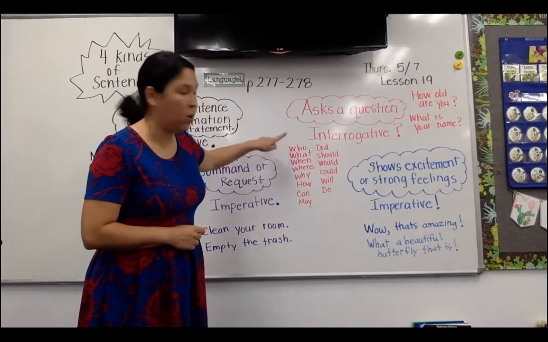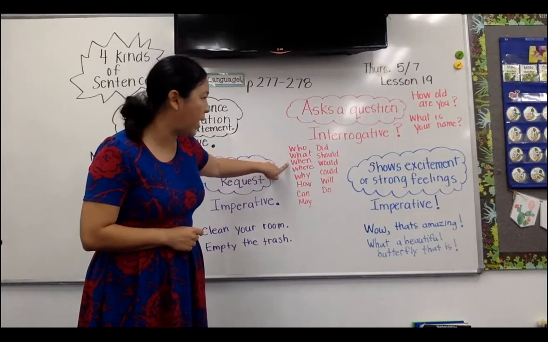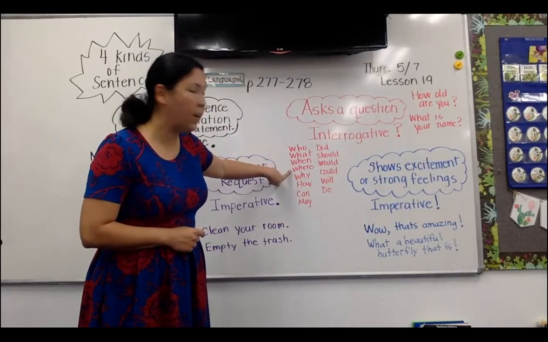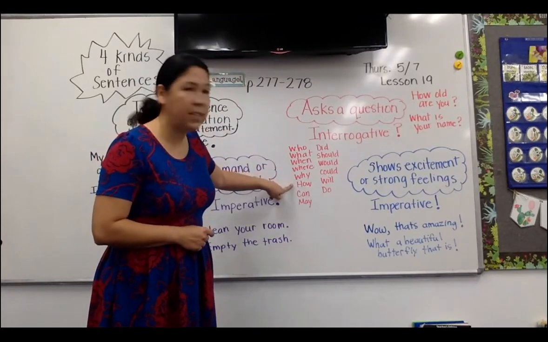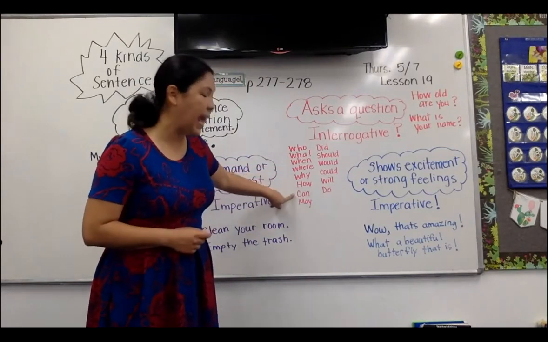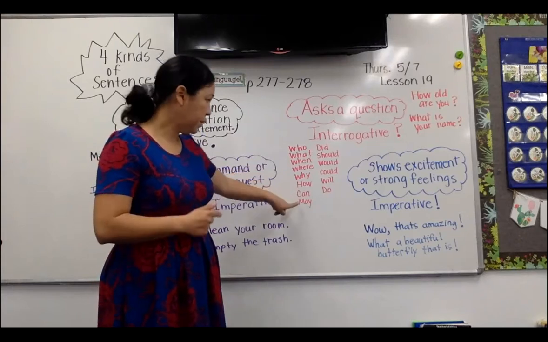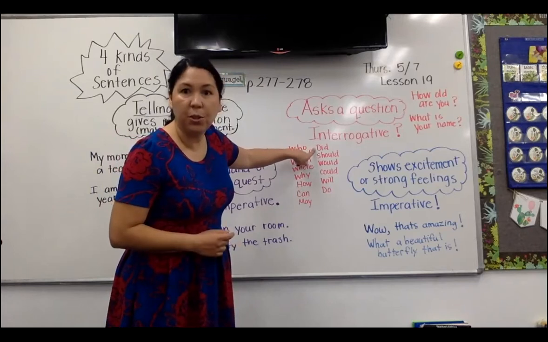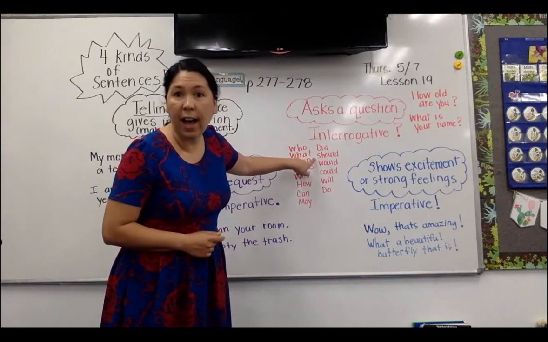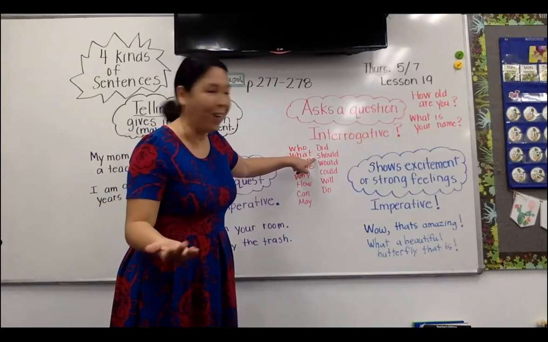Who are you? What is your name? When will we go? Where is your house? Why are you wearing that? How did you learn to do that? Can you ride a bike? May I come to your house? Did you do your homework? Should I plant a flower?